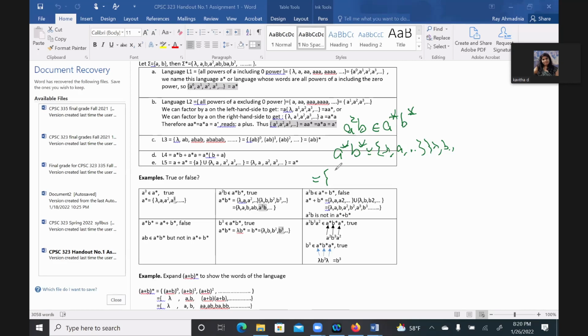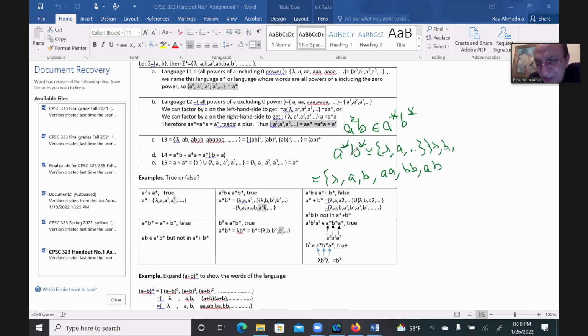Lambda and lambda, I get lambda. How many words of length 1 do we get here? One A or one B. How many words of length 2 do we get? AA, only from this one here. It is BB. Any more words of length 2? Yes, AB, very good, and BA.